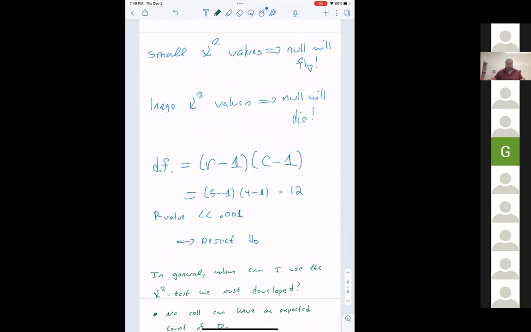Like 6.98 to the negative 35. Right, that's a pretty unlikely situation, right? A p-value that small. Yes. So this again agrees with what we had, that the p-value was much less than 0.001, right? Yes.